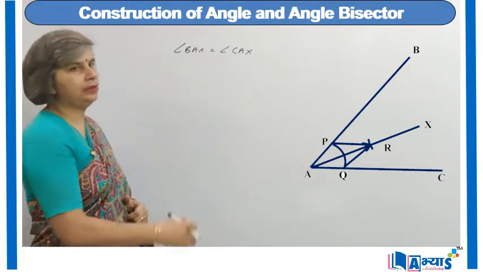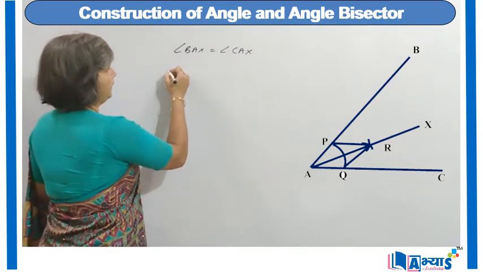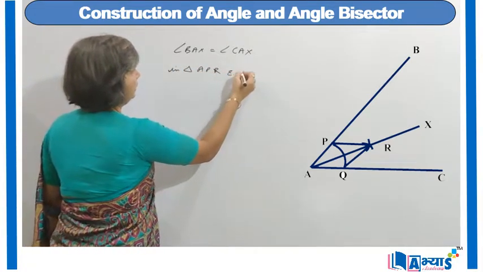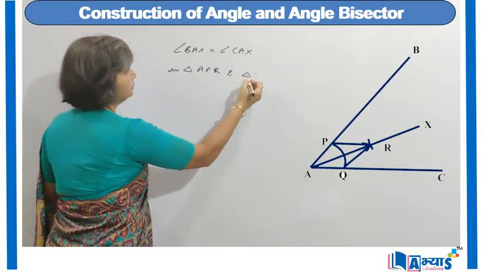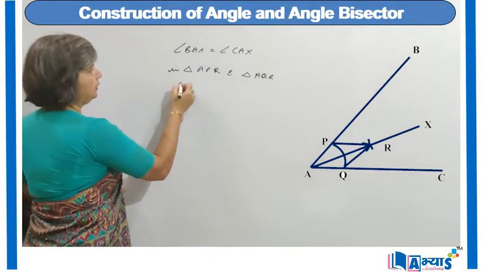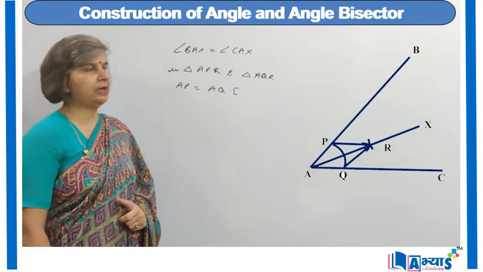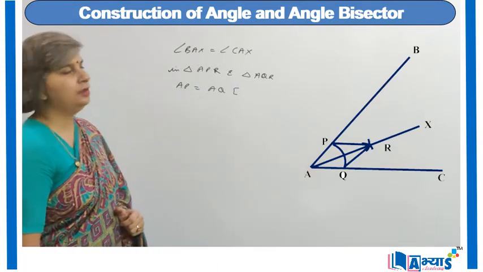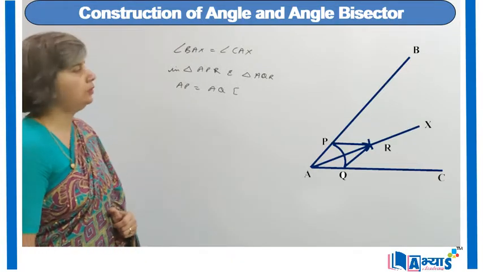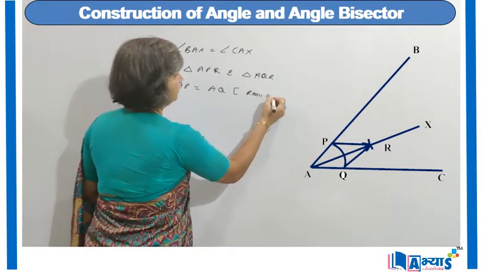For this we will join P with R and Q with R. Now in triangle APR and triangle AQR, we know that AP is equal to AQ because they are the radii of the same arc, because we have taken A as the vertex and we have drawn an arc which is cutting AB and AC at P and Q. So AP is equal to AQ, radii of the same arc.